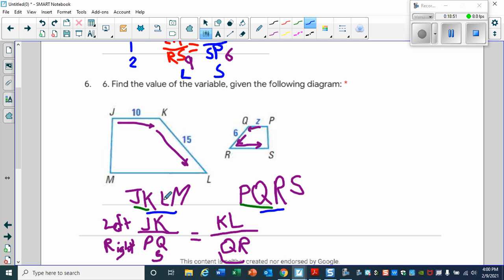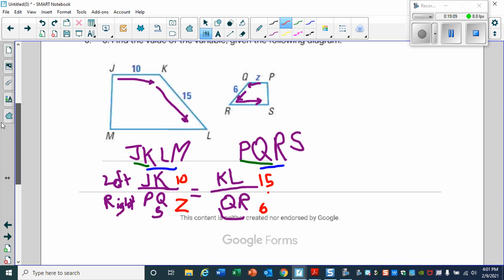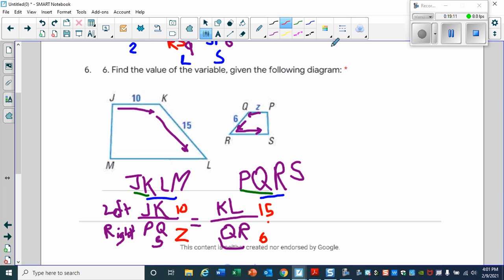And then from here we know J to K, P to Q, K to L is 15, Q to R is 6. And that's more or less how you would do this activity. Thank you. Best of luck.